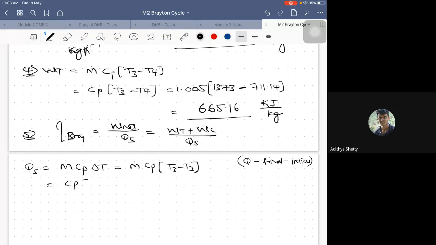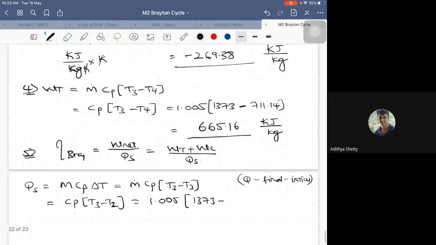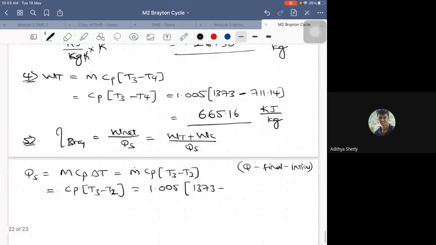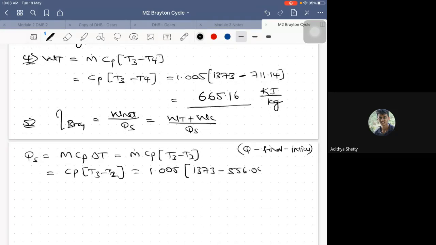Substitute quickly: 1.005, T3 value was 1373, minus T2 value, 556.04. Whatever value you get would be in kilojoules per kg, because Cp is in kilojoules per kg Kelvin, and T3 minus T2 is in Kelvin. Kelvin goes away.